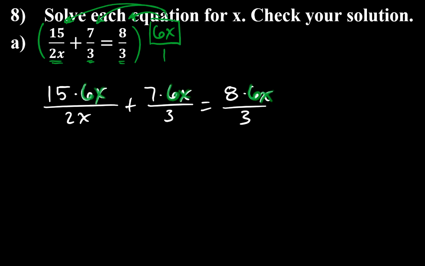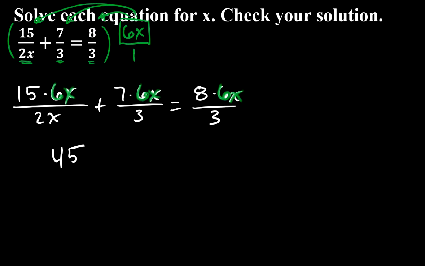So now as I simplify these, in the first case I've got 6 times x in the numerator and a 2 times x in the denominator, that forms some giant ones, and this ends up being just 3 times 15 or 45. If you'd like to see that in slow motion, that's over here.